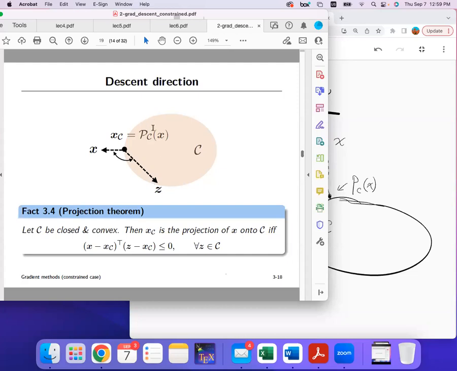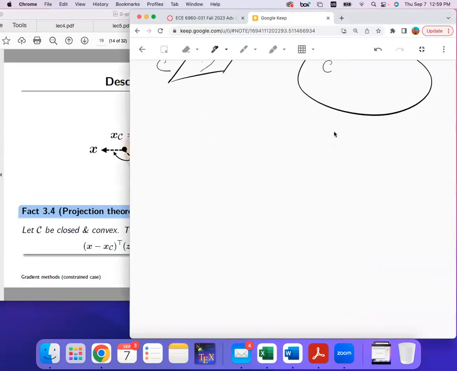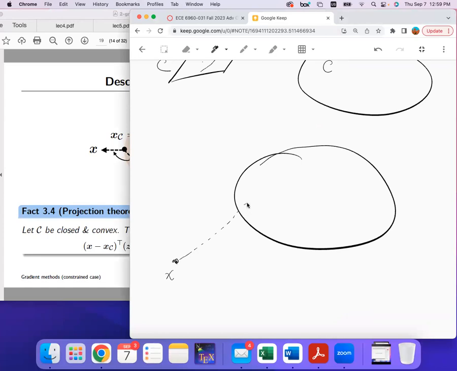And you can verify this. An intuitive understanding is that if you project this point onto the set, it is like you are looking for a point where the tangent line is perpendicular to x minus x_C, and this is exactly 90 degrees.